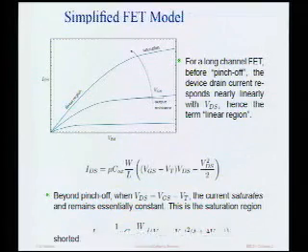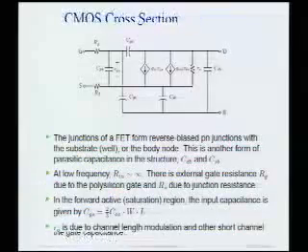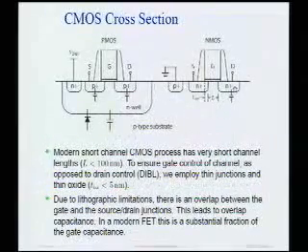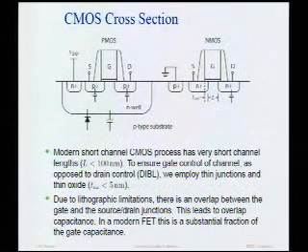But what happens is as we make the channel length shorter and shorter, the drain node starts to have more and more control over the channel. In other words, the output conductance keeps going up. And one of the reasons it goes up is basically channel length modulation. You guys have learned about this. We know that the depletion region width inside of the channel changes the effective channel length of the device.